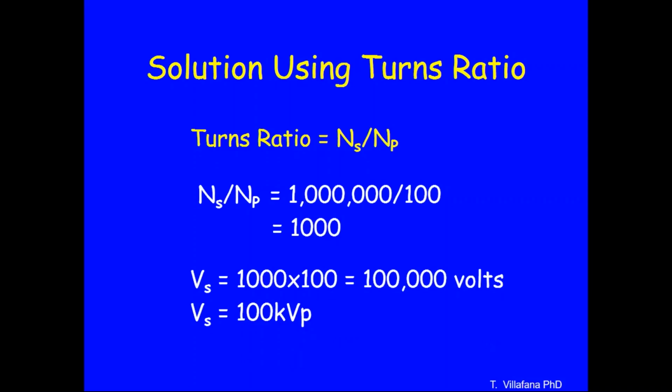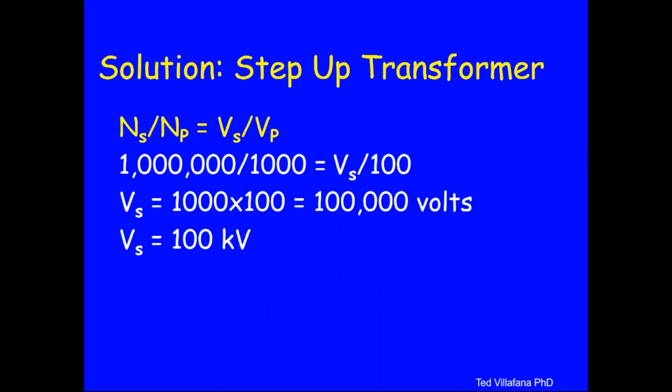You would have 1,000 times more volts. So if you start out with 100, 1,000 times 100 is 100,000, or 100 kV. We just got over 100,000 volts, but we started out with only 100. That's what the transformer does for us.